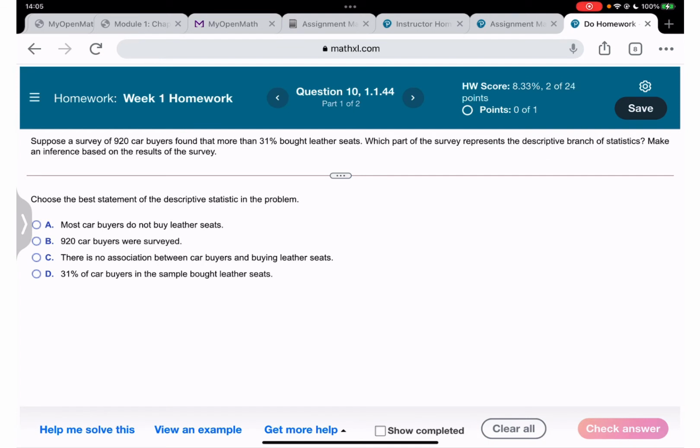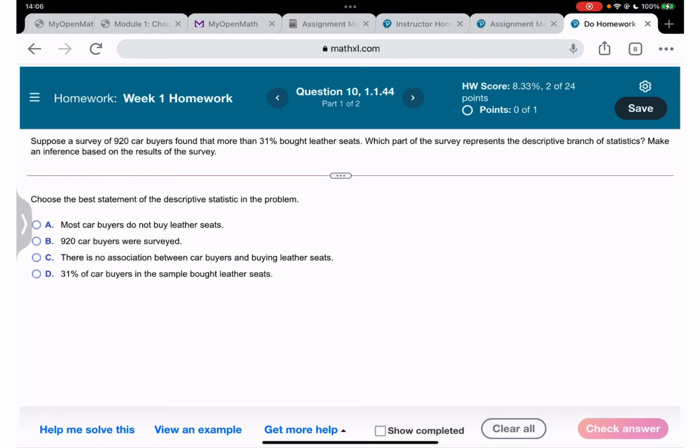Question number 10. Let's see what we have. Suppose a survey of 920 car buyers found that more than 31% bought leather seats. Okay, which part of the survey represents a descriptive branch of statistics?